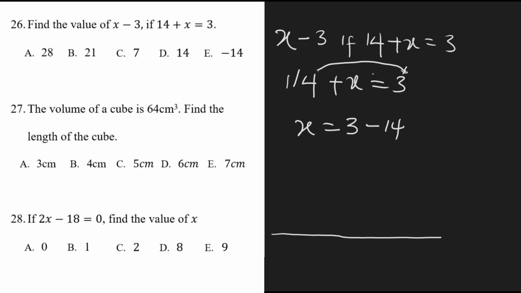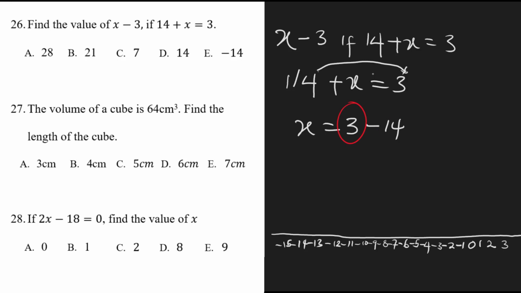So you can use a number line to solve this. Draw our number line. Here we have 0, 1, 2, 3. All right, using our number line now, we have 3 minus 14.